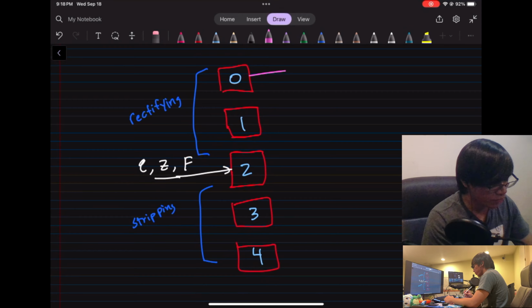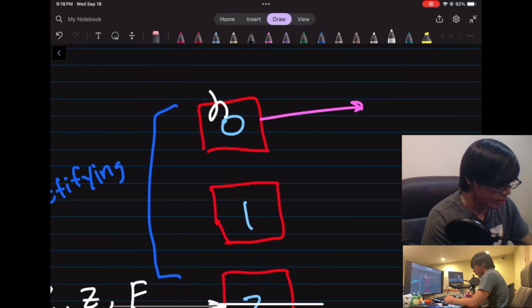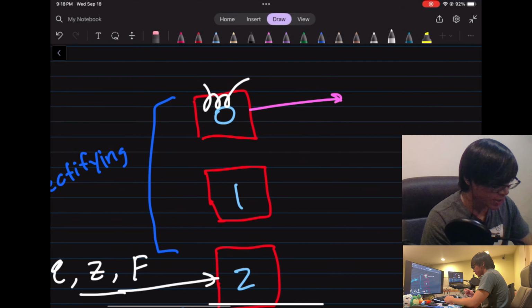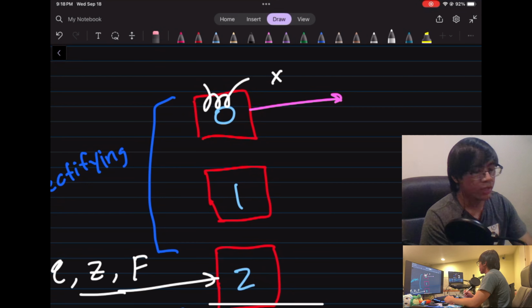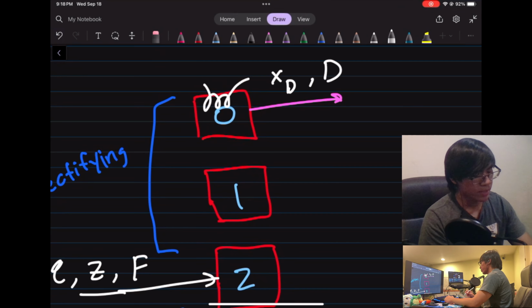So coming out of our top, at the top of our distillation column, we have our condenser, and what comes out of there is our liquid mole fraction of our more volatile component, and we call that our distillate. So that's the mole fraction, and that's the flow rate.